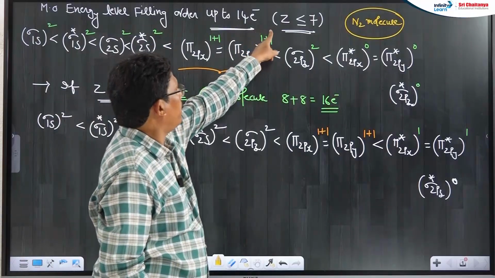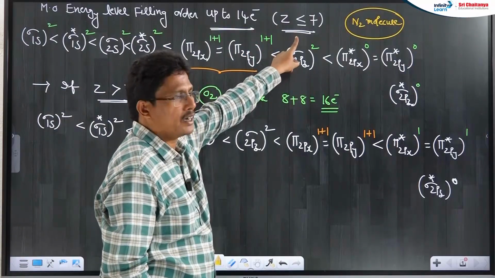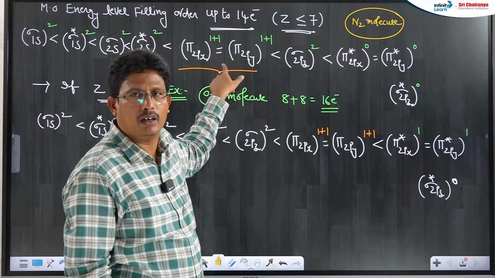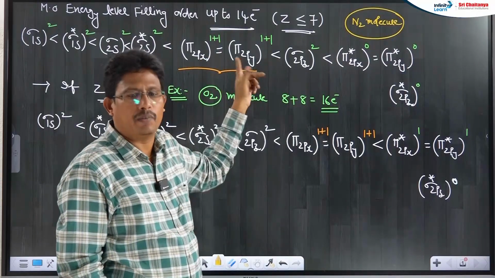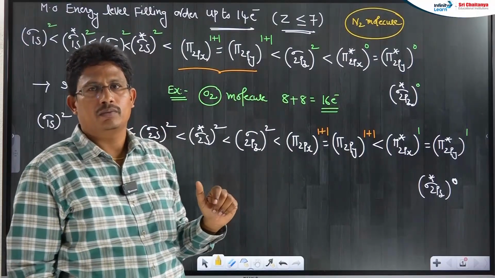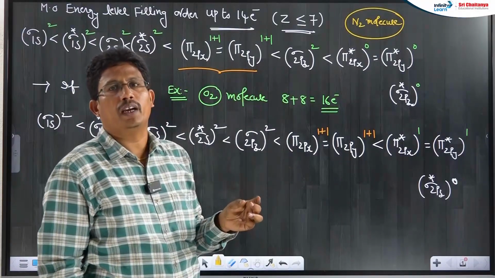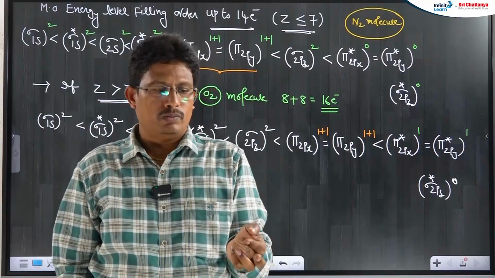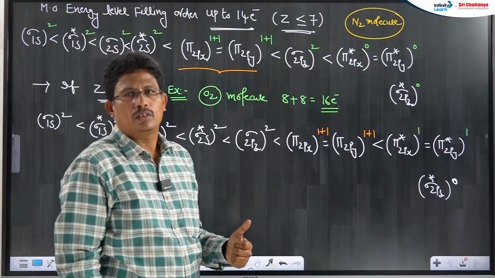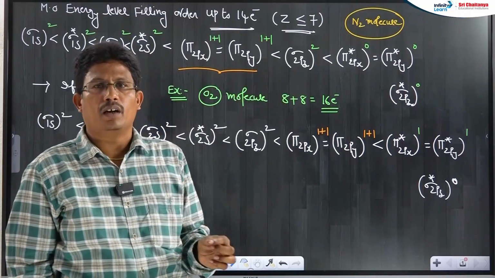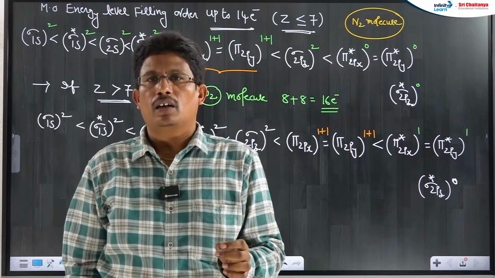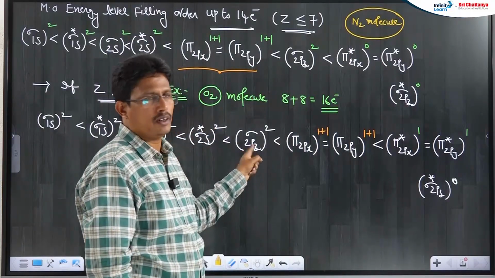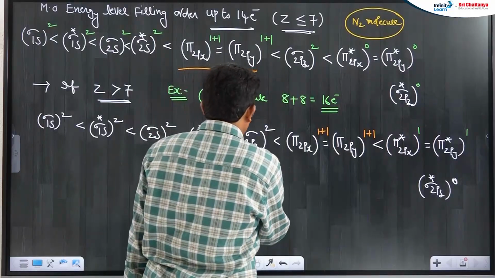If atomic number is less than or equal to 7, then the 9th electron enters into the pi molecular orbital, in case of lighter elements. Whereas in case of heavier elements like O2 and F2, mixing of s and p orbitals is not possible. That's why the 9th electron enters into the sigma orbital.